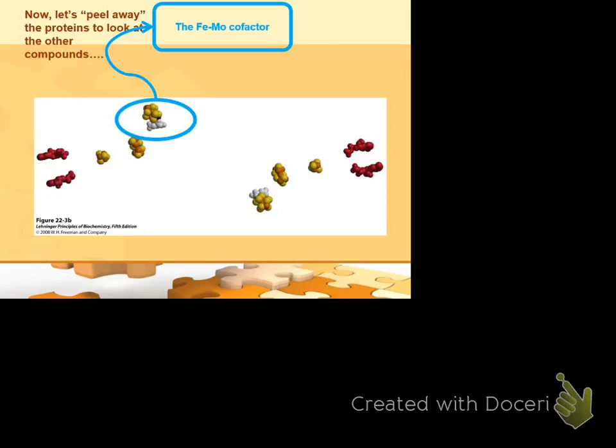Since we've peeled this away, now we can see where the electrons get passed through along that chain, essentially, to the interior of the complex, to where ultimately it's made into NH4 plus.